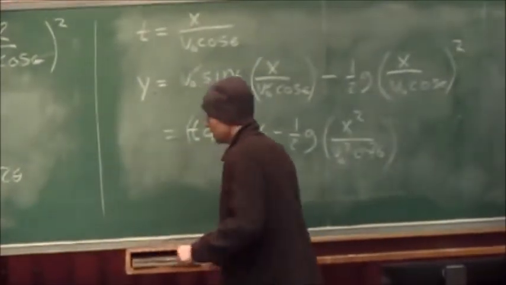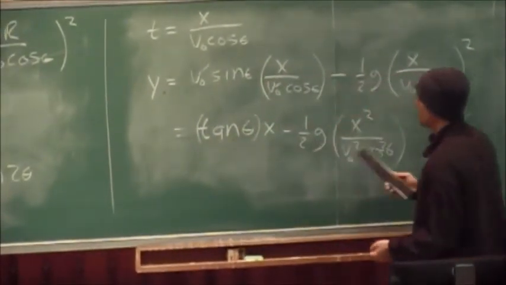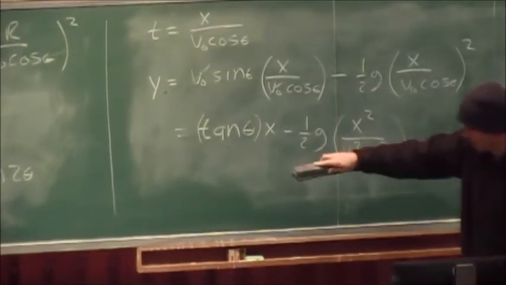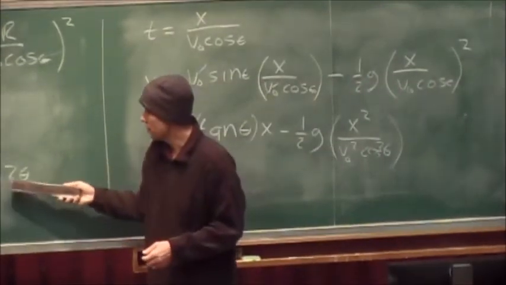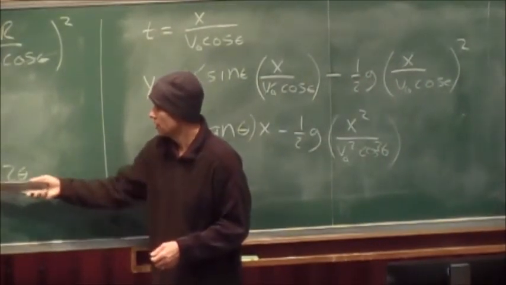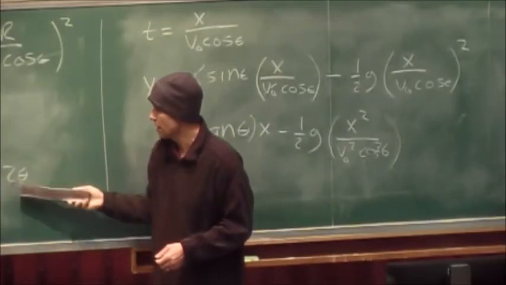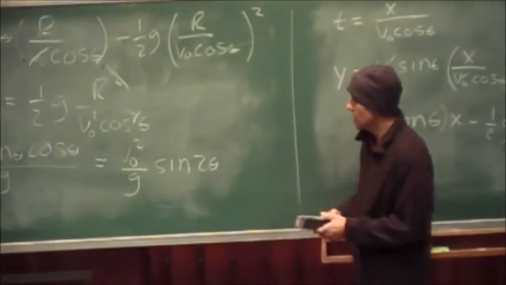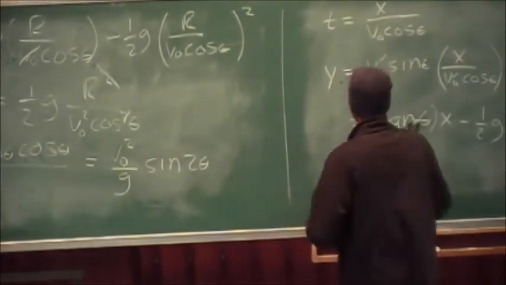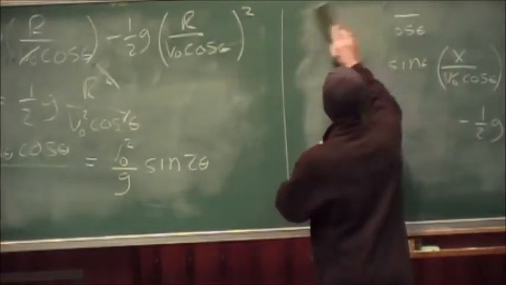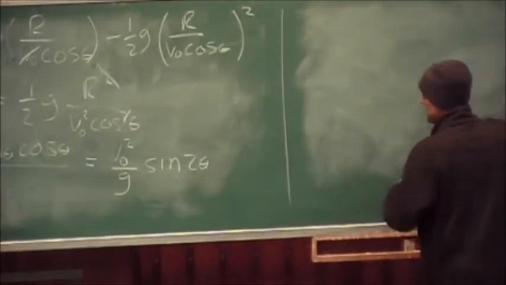Okay, so I think it's somewhere between 7 and 10 degrees. If I simply put in 2 times 45, that gives me 90. Sine of 90 is unity. And so I see that the maximum range is just v0 squared over g.